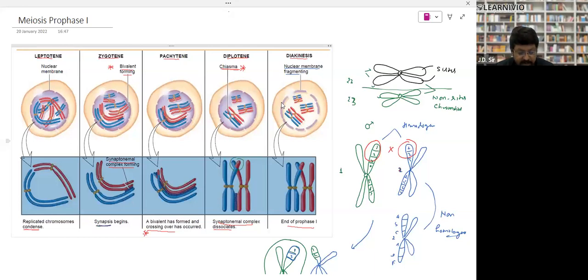The chromatin fiber becomes short and thick to take the form of chromosomes.